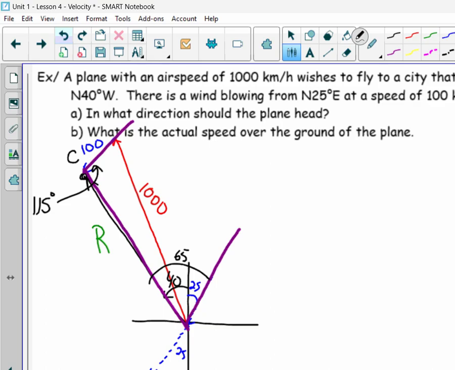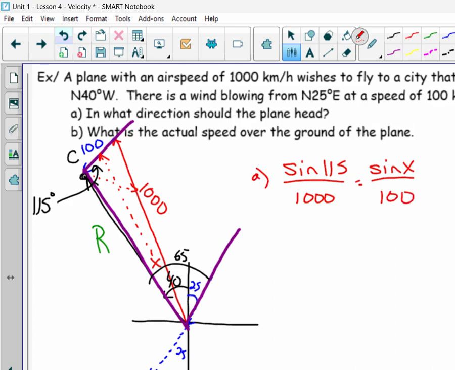Now I've got something across from something else. 115 is across from 1,000. The direction the plane should head, well, that's the angle across from the wind. So I'm going to do my x down here. It's a sine law question. Sine of 115 goes with 1,000. Sine of x is going to go with 100.